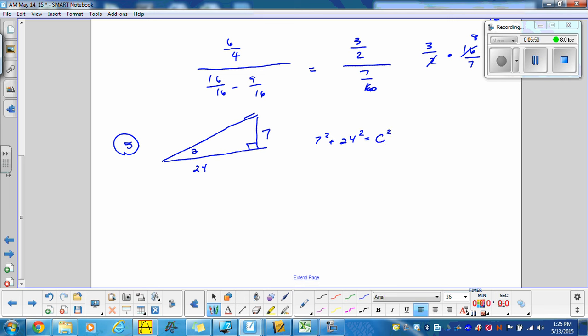So we'll use the calculator to break that up. So that is 49 plus 24 squared is 576. And that's equal to 625. And the square root of 625 is 25. So this length is 25.